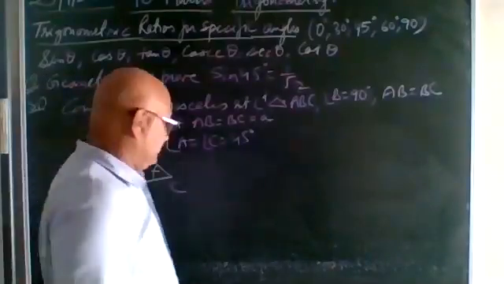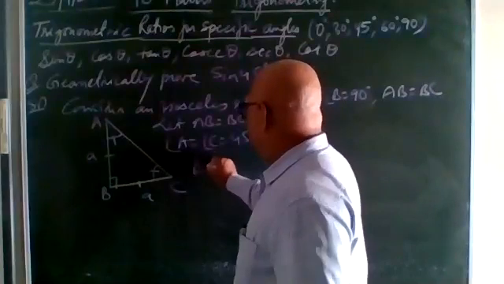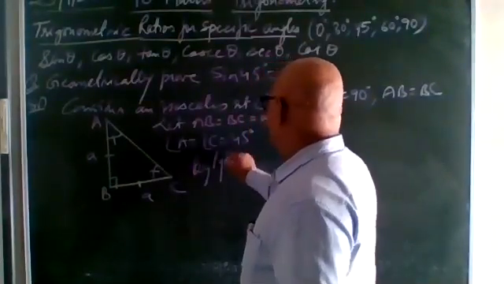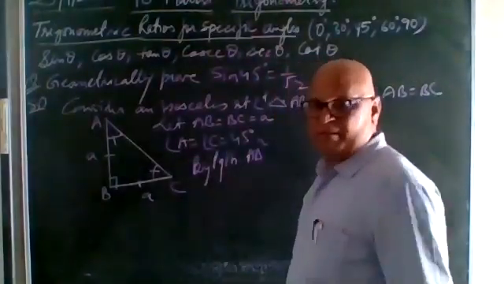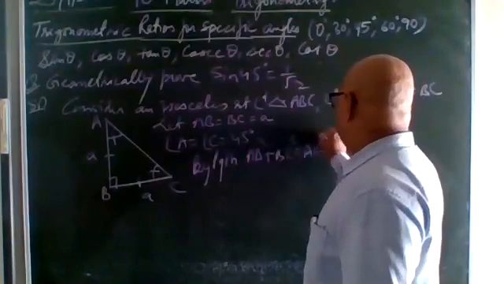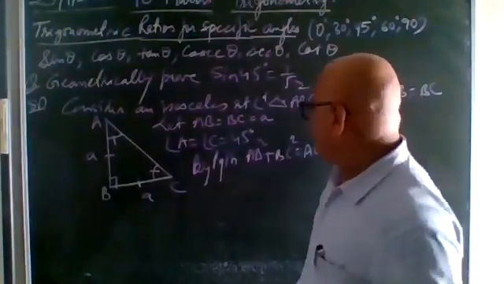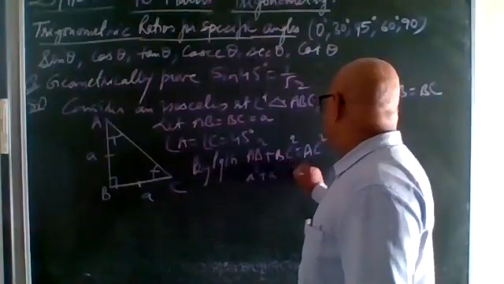Now by Pythagoras, AB square plus BC square equal to AC square. A square plus A square equal to AC square.